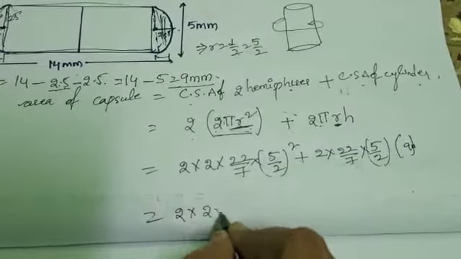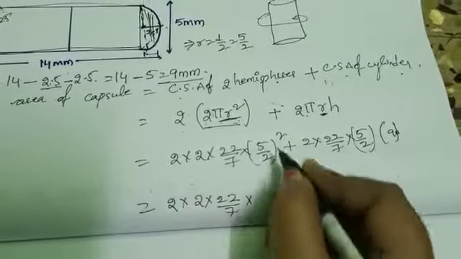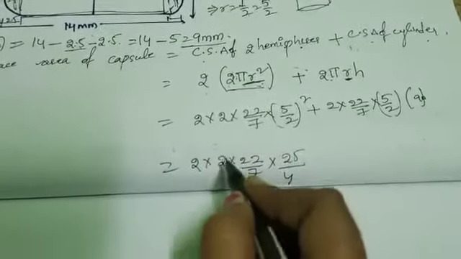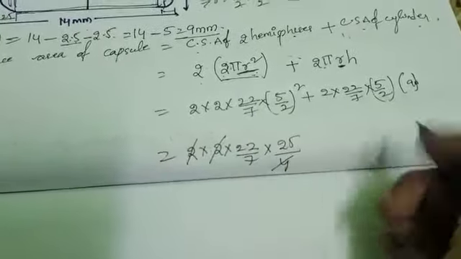Two into 22 by 7, 5 square is 25, 2 square is 4. 2 into 2 is 4, this 4 gets cancelled.